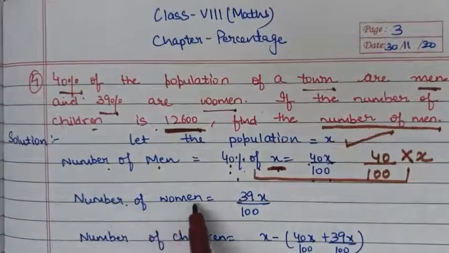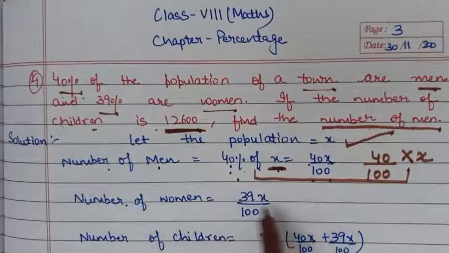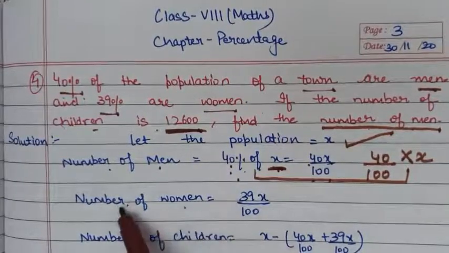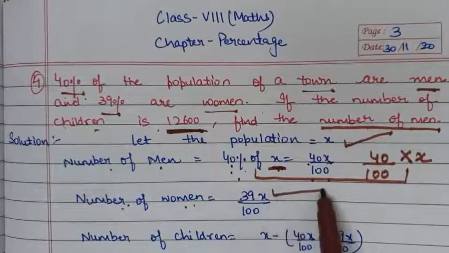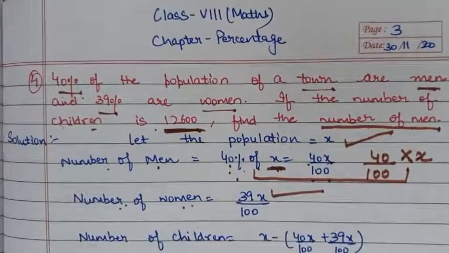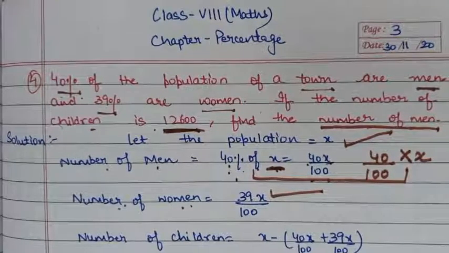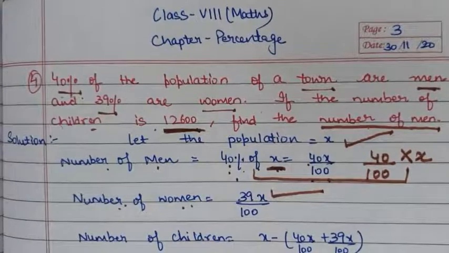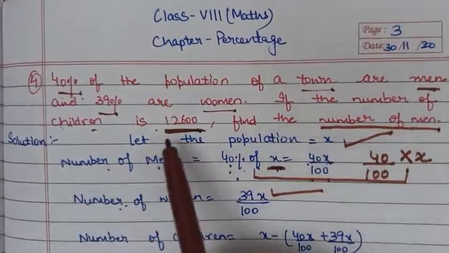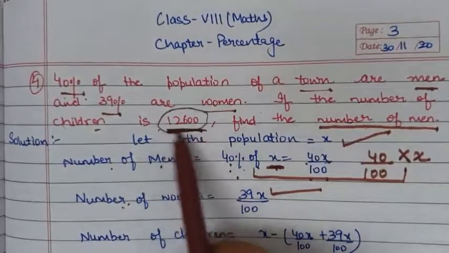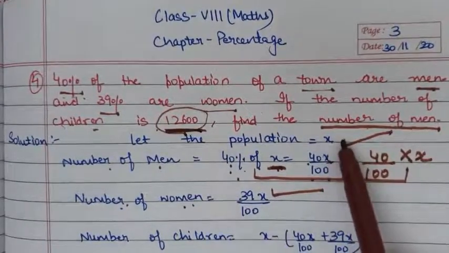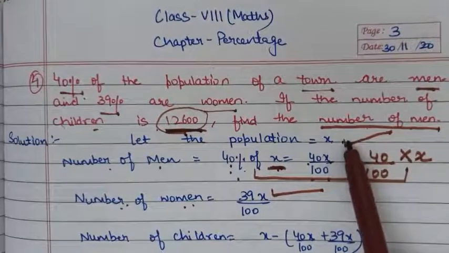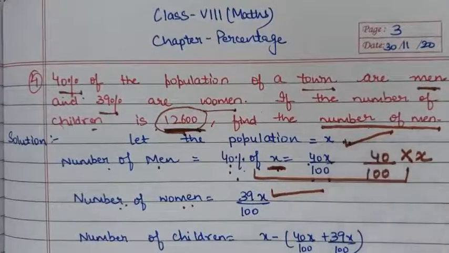Number of men is 40x upon 100. The number of women is 39%, so I have written directly 39x upon 100. Now, the number of children is given to you, but if we have to find it in the form of x, what will that be?